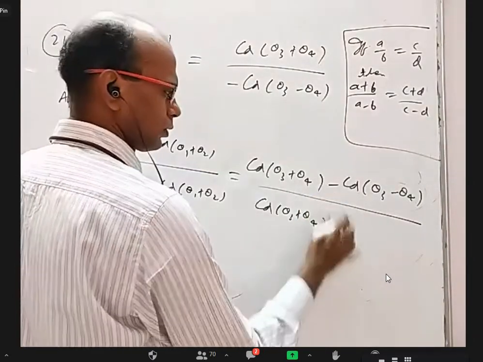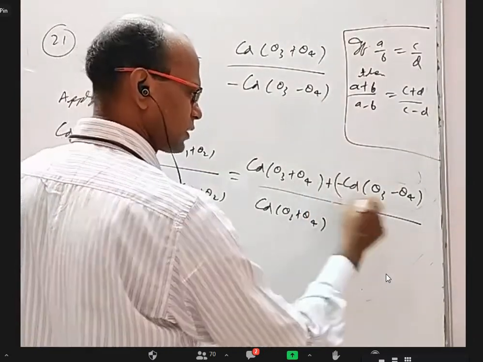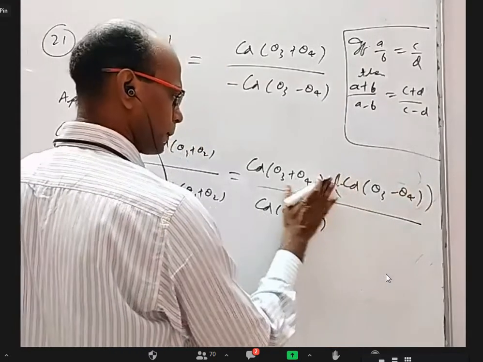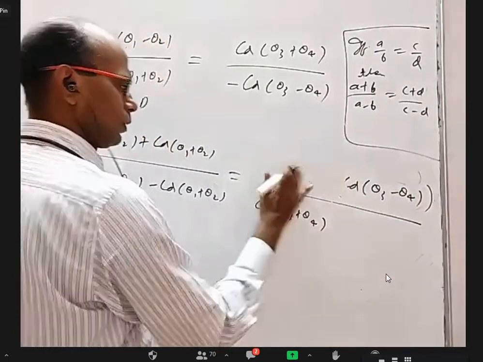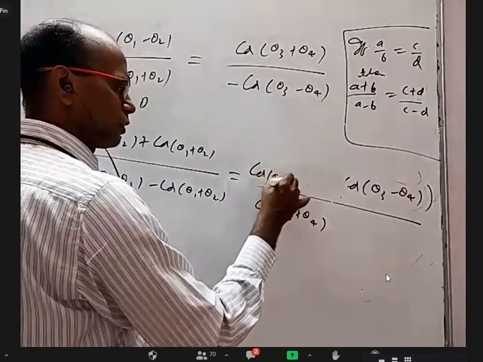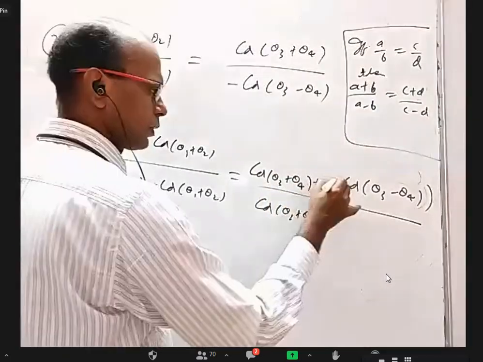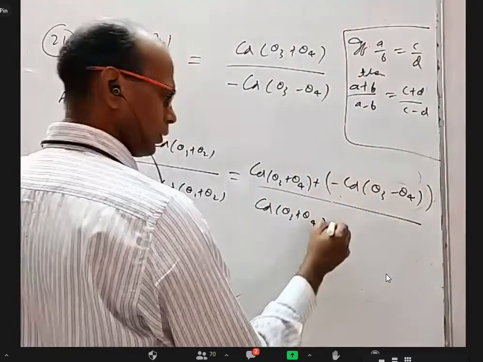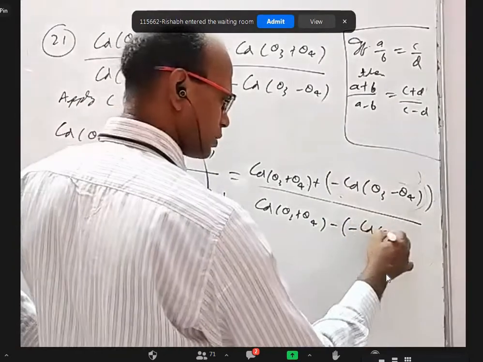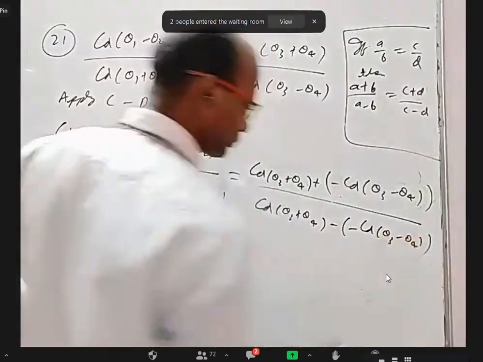Actually plus, but denominator there is a minus. That's why I have to write minus. Cos theta 3 plus theta 4 with a plus here, with a minus here, minus here, minus cos theta 3 minus theta 4.